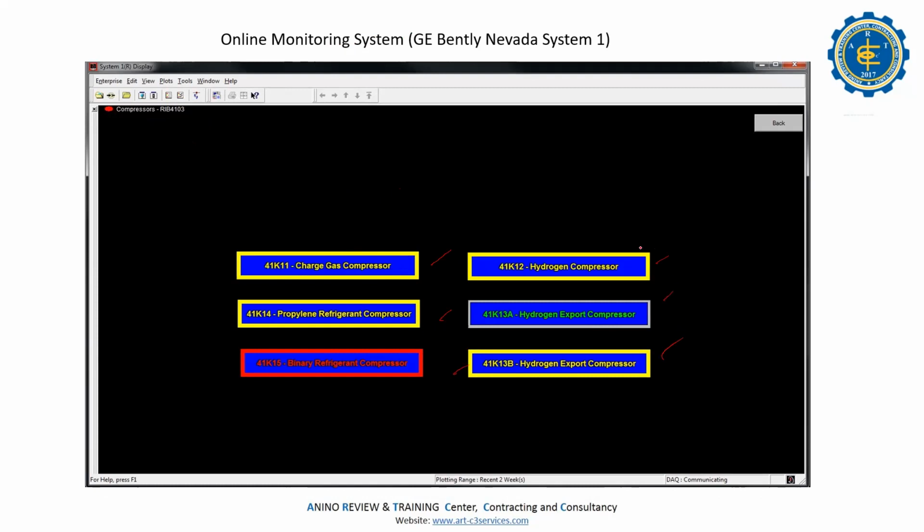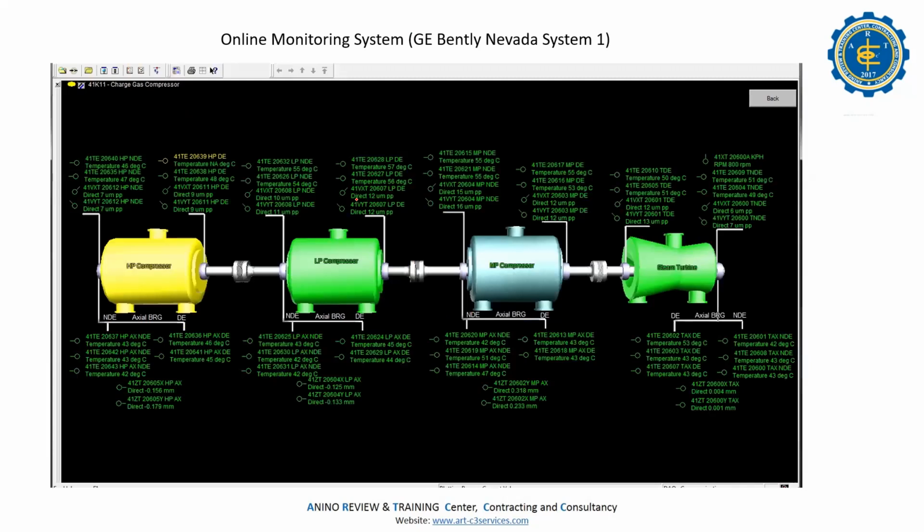Maybe if you go into your Bentley Nevada, you can familiarize yourself. You can click anytime. Then if you click this 41 K11 charge compressor, this is the 41 K11.